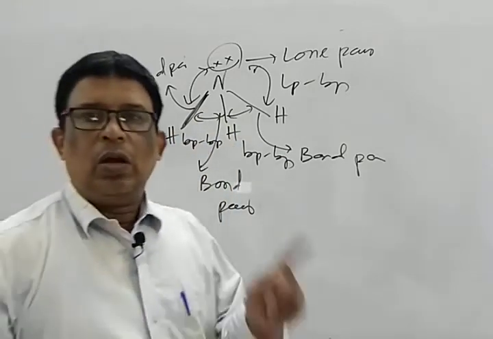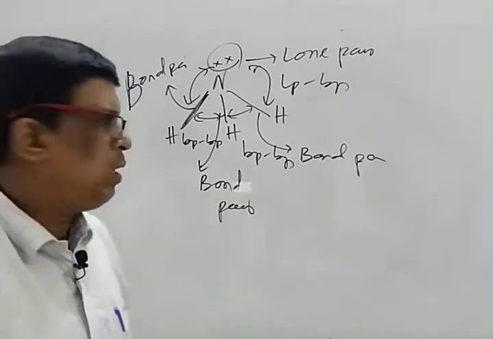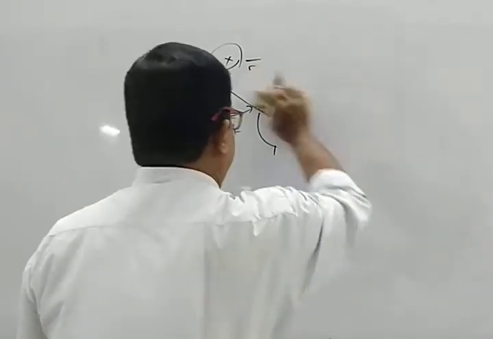We know that lone pair repulsion is maximum, then lone pair-bond pair. Mark that. I draw the structure again.